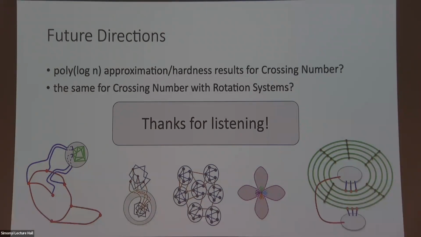Even though the class of bounded degree graphs seems special, I believe it still captures the very complicated structure of the crossing number problem itself. So going from bounded degree to the general case, I believe this is still the hard core part.